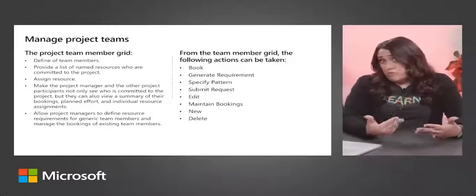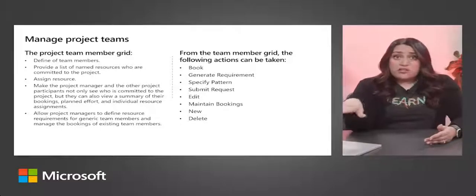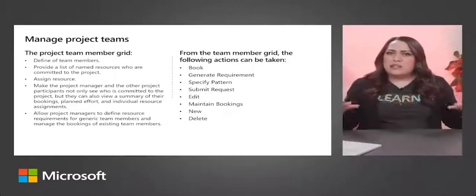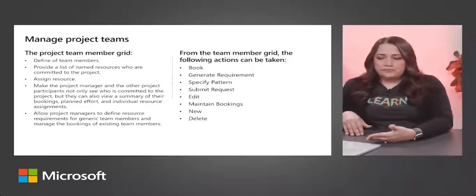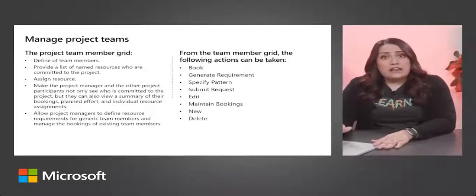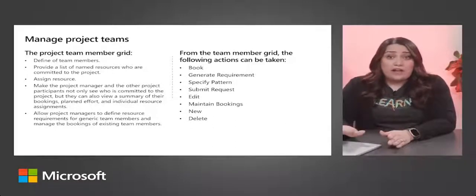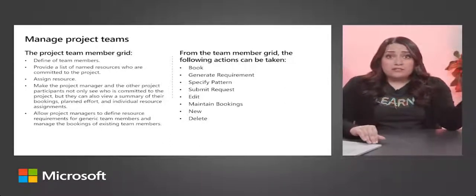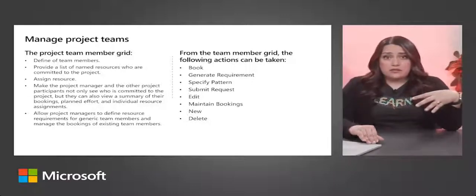In fact, in most cases, the hiring process for the team may come later. So for this reason, we have generic team members that basically are acting as placeholders until we have an actual resource that's been assigned. But inside of the team member grid, the project manager can see anyone else working on the project. But they can also view the summary of their bookings, the planned effort, and the individual resource assignments.